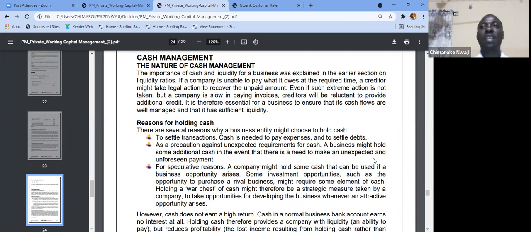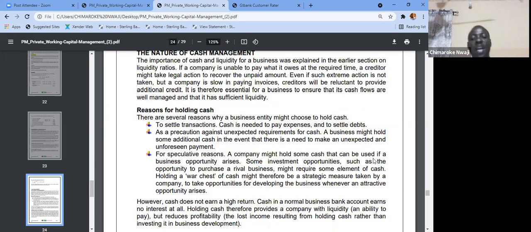It's just like saying that fuel will be scarce, and because of that, you are buying more fuel. So there will be a reason for holding cash for speculative reasons because you think there might be a scarcity, or you want to take advantage of an attractive opportunity to pay for things in cash.